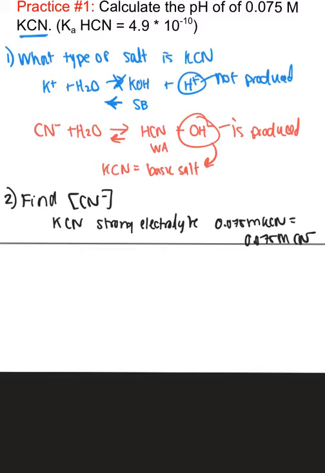Okay, I'm going to set up this ice table. Because I'm able then to find the pH if I can solve for OH minus at equilibrium. So I don't care about the liquid.